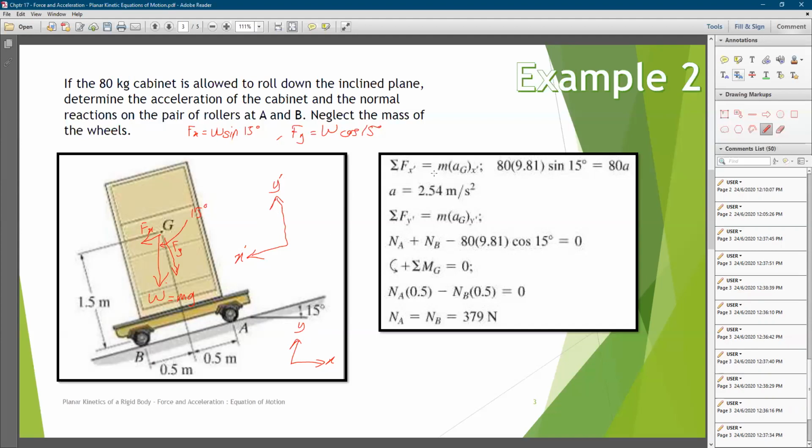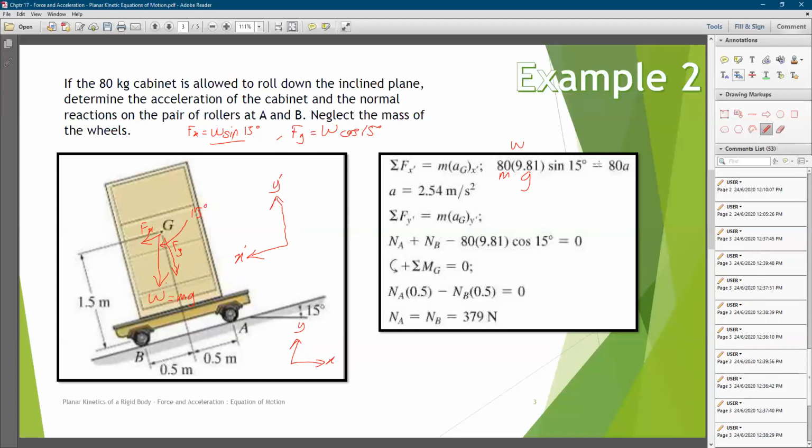Now in the x direction, what we have is the force Fx going downwards, or going to the left. And from our axis system here, going to the left is positive. So it is our m, it is our g. W is equal to mg, and then as we have up here, it is multiplied by sine 15 degrees for the x component.